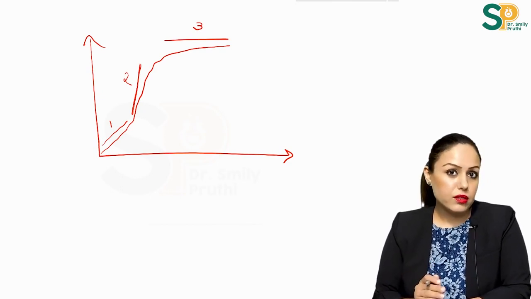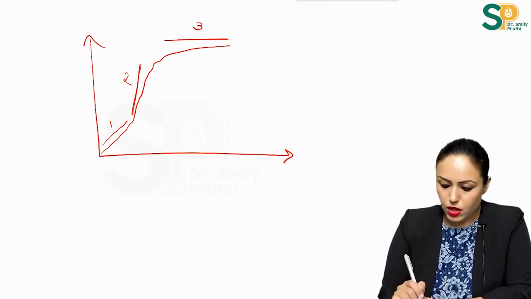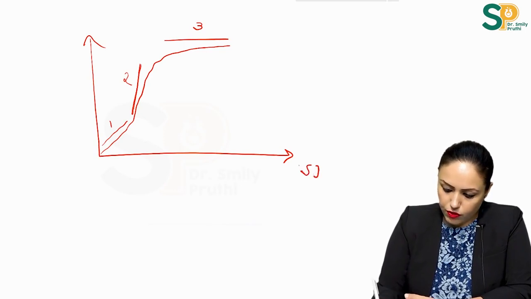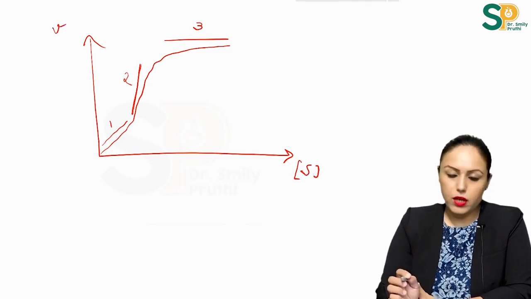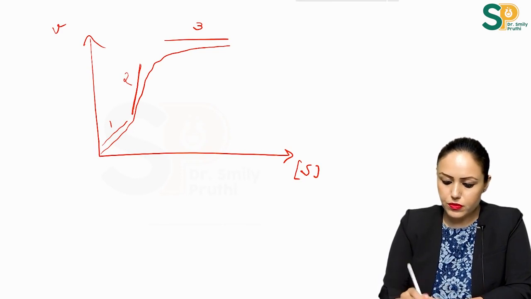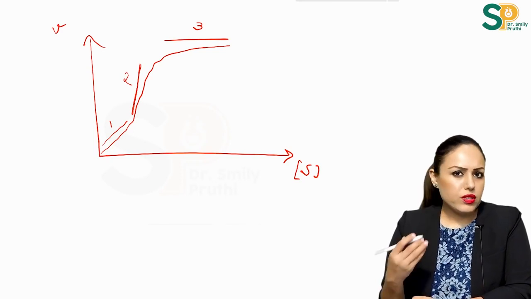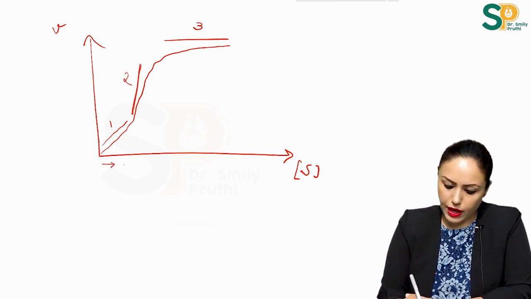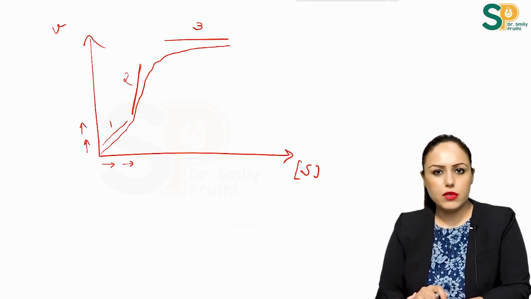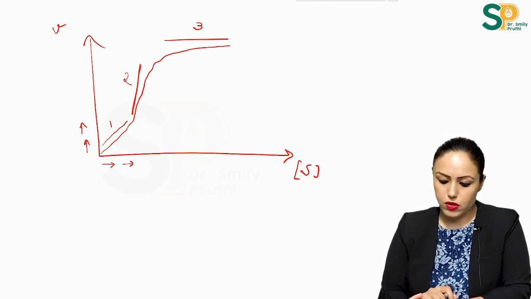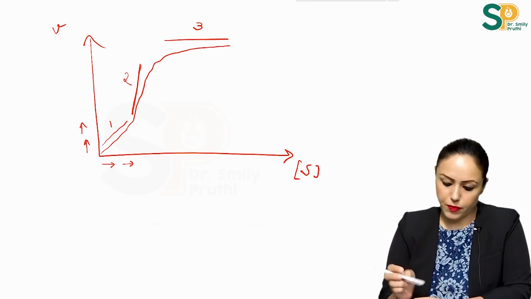So let's understand the 3 portions of the graph. You know, this graph is between substrate concentration and velocity, right? Now, during this first portion of the graph, as substrate is increasing, velocity is also increasing directly. It is directly proportional, right? Almost linear kinetics.